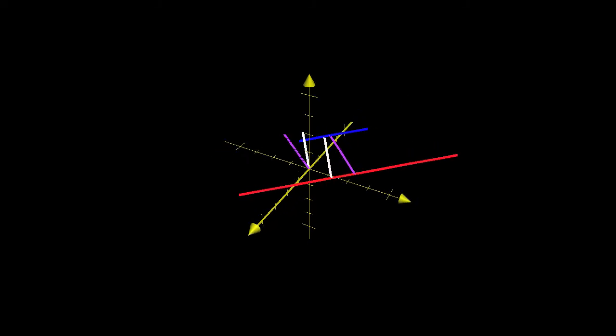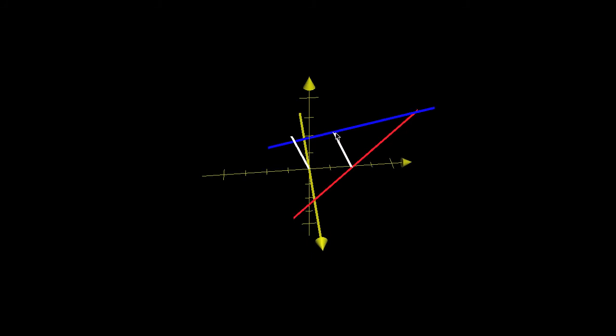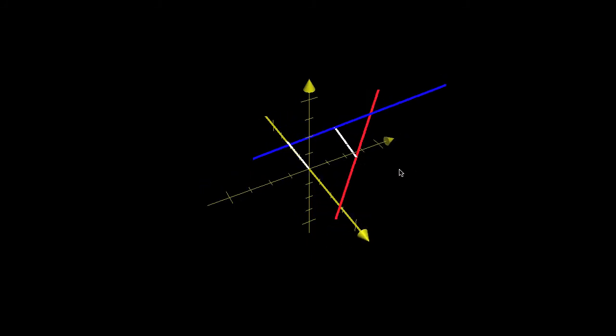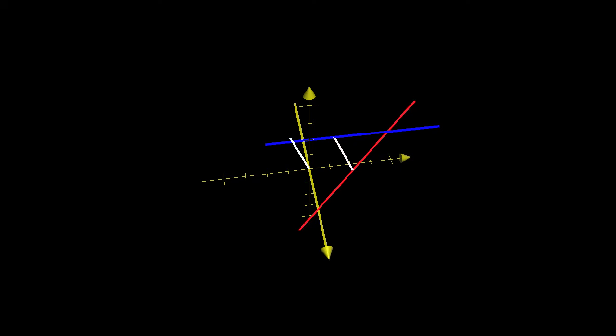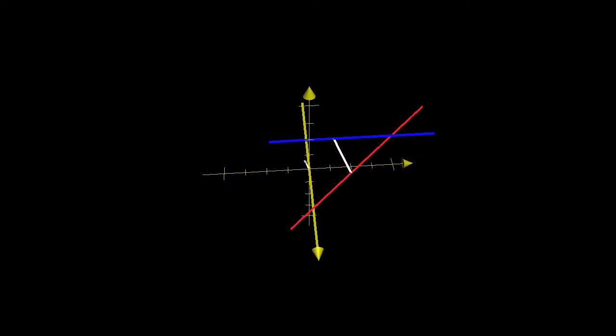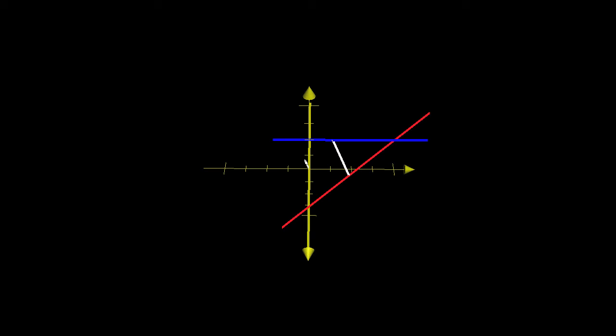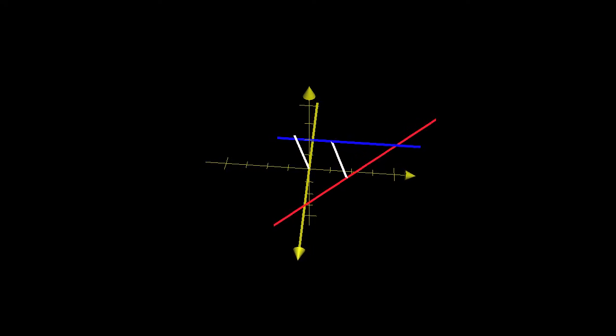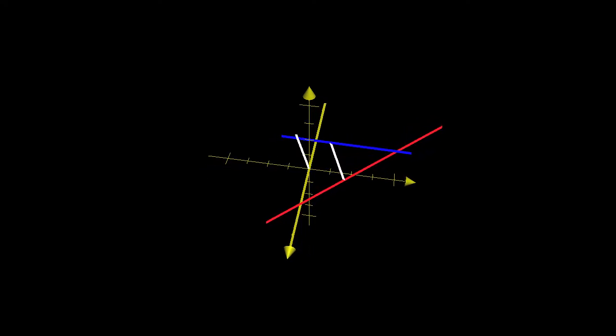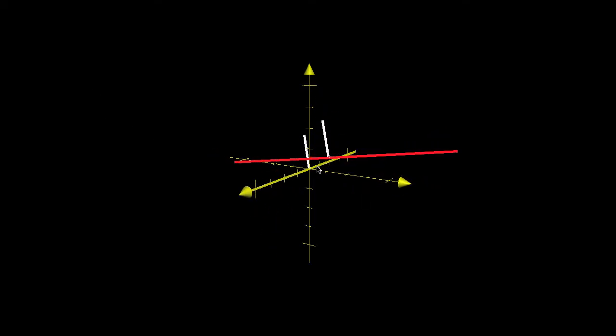What I don't know yet is where the point is where it intersects the blue line and where the point is that it intersects the red line. So in order to find that, what I do is I take this white vector. Now let me show you what I do. I take this white vector right here and I bring it up and I take my equation for the red line and I add this white vector to every point on the red line.